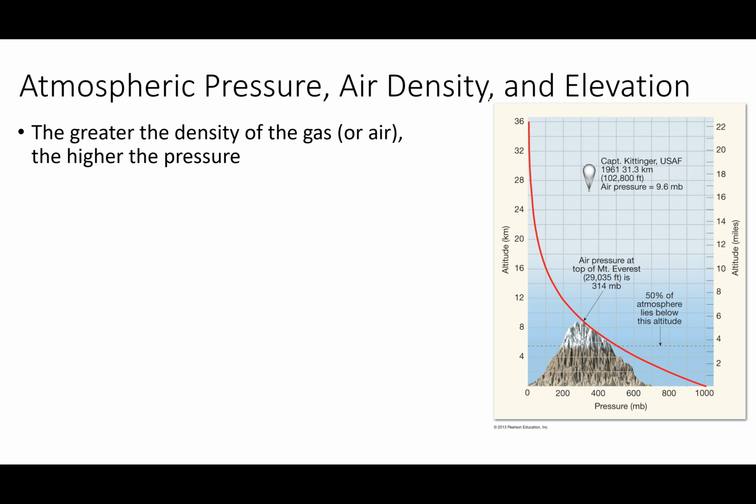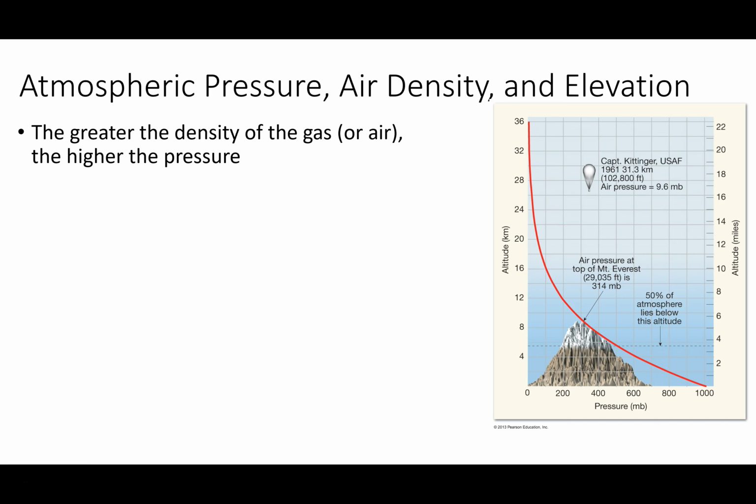At about 4 kilometers above the Earth's surface, you're running about 600 millibars. I told you we're about 1,000 millibars at the Earth's surface. As you climb Mount Everest, instead of 1,000, you're at about 300 millibars of pressure, which is a fraction of 1,000.